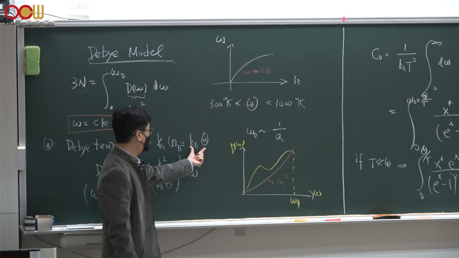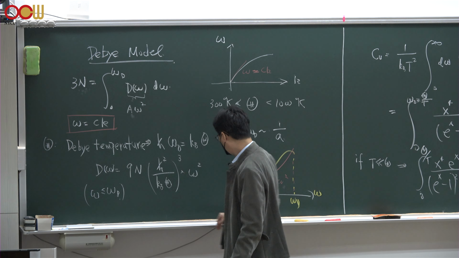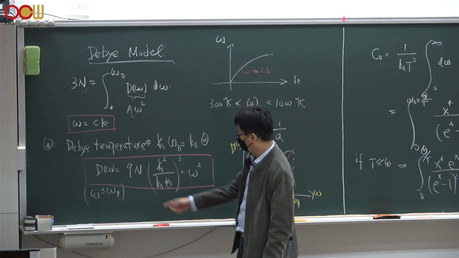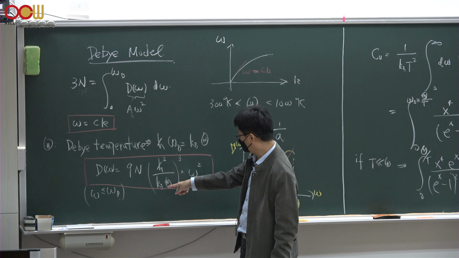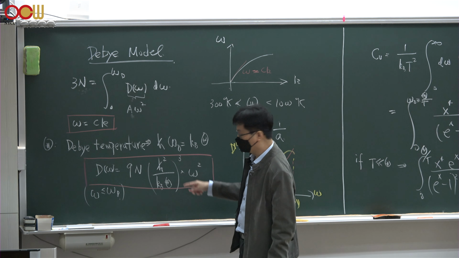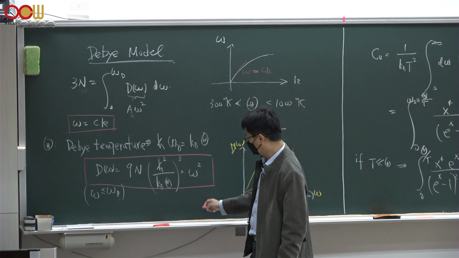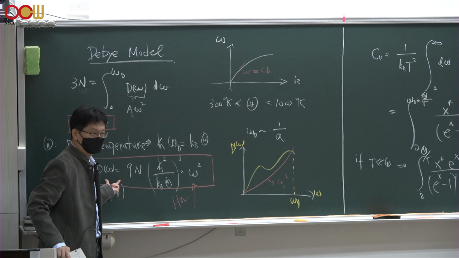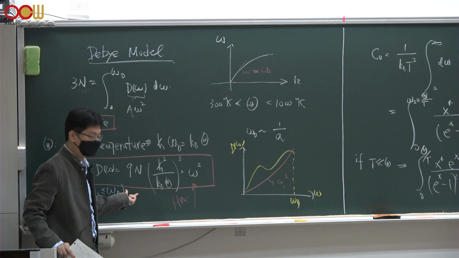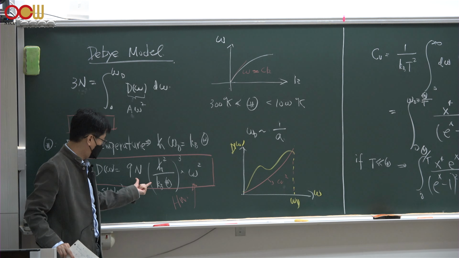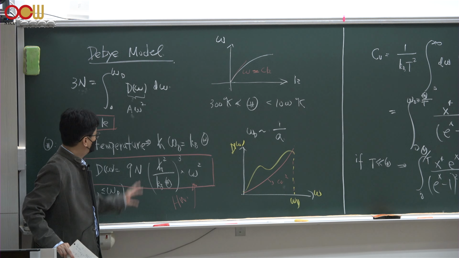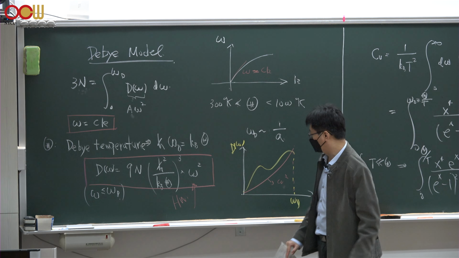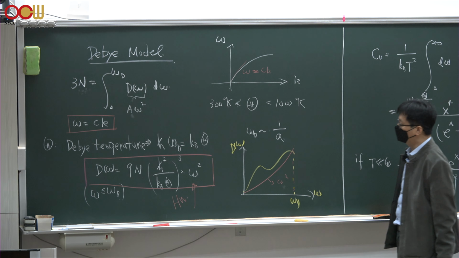So in terms of the Debye temperature, the density of states is given by 9 times capital N and h bar squared over (k_B theta) cubed, times omega squared. I assign this as a homework exercise, so that you can derive the prefactor in front of the omega squared, which comes naturally from all these assumptions and approximations. It's a simple exercise.